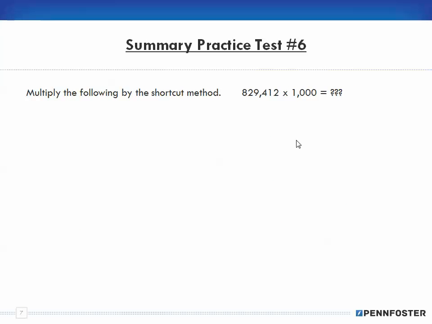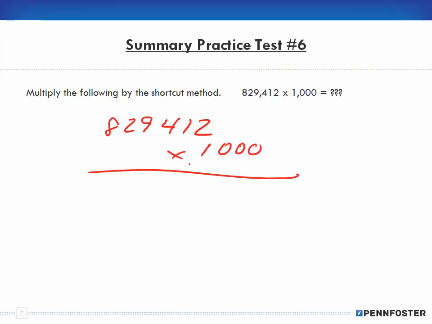Question number 6. Multiply the following by the shortcut method. Again, what you saw me do in the previous question was the shortcut method. I use it an awful lot. Now times 1,000. All I'm doing is just bringing down the zeros.